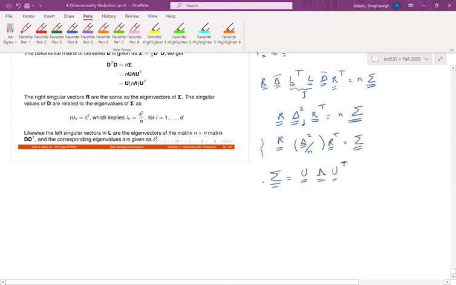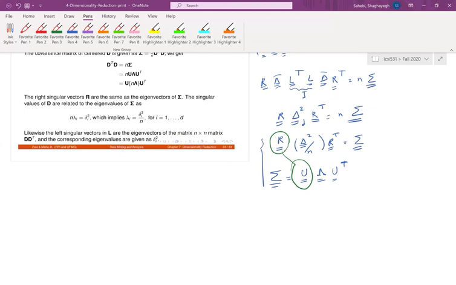So these two equations are very similar to each other. What we can conclude is this: R, the right singular vectors of our data matrix, are equal to U, the eigenvectors of our covariance matrix.